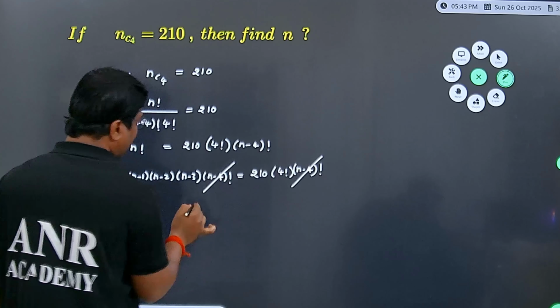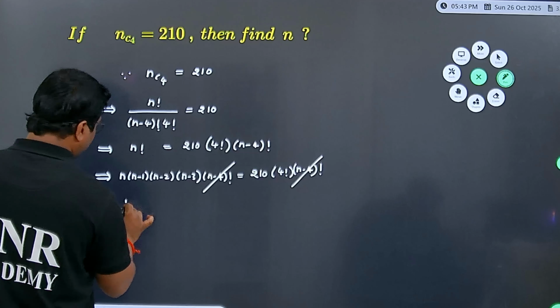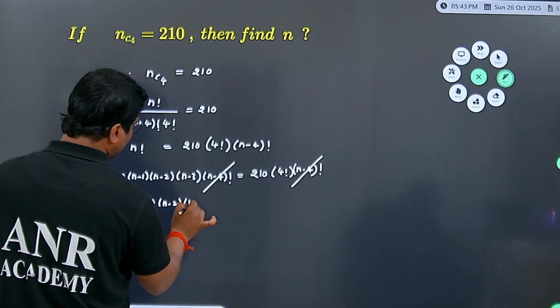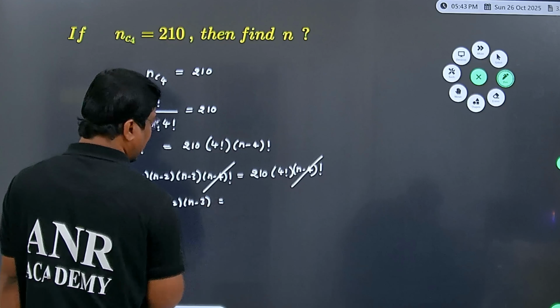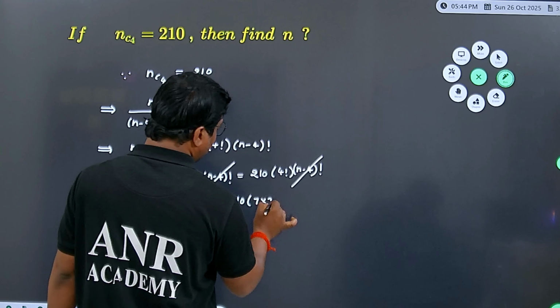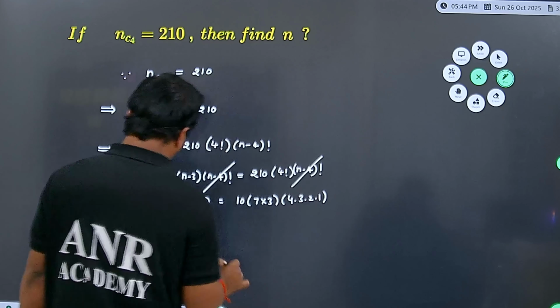n minus 4 factorial, n minus 4 factorial gets cancelled and you can write n of n minus 1 of n minus 2 of n minus 3 equal to 210 written as 10 into 7 into 3. Next 4 factorial, 4 into 3 into 2 into 1.